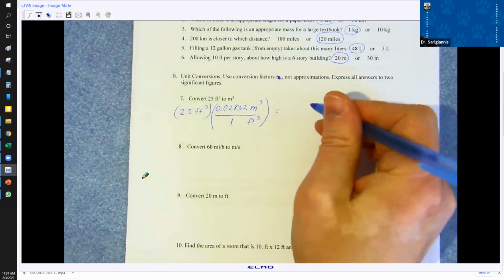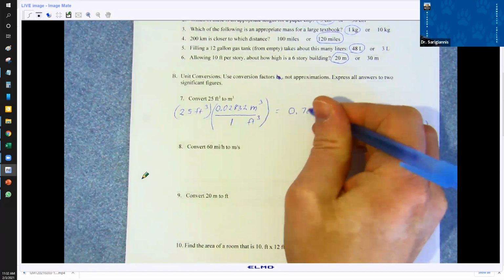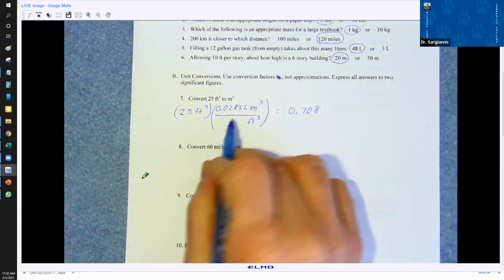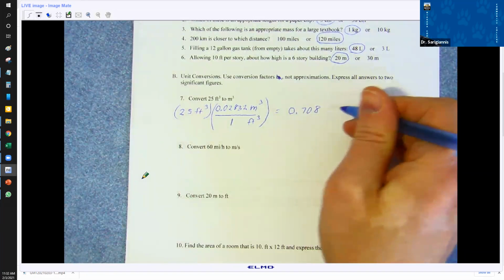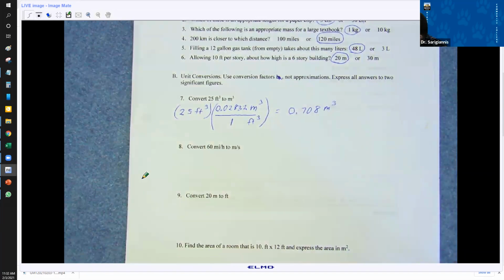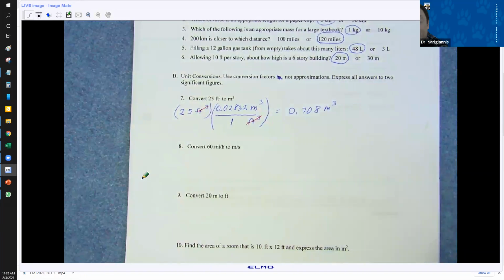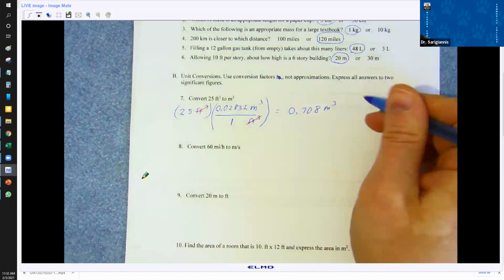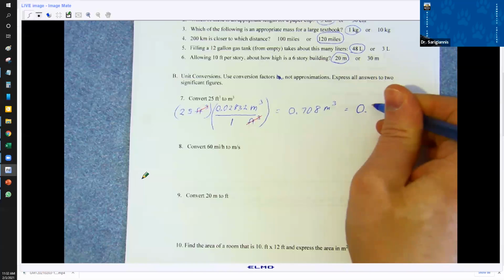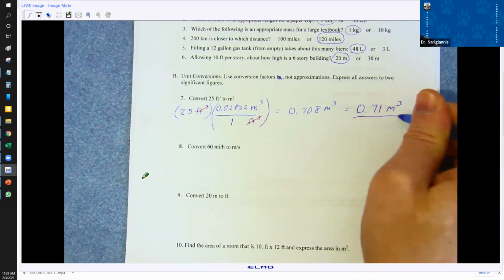If we do the calculation here, we wind up with 0.708. I'm not going to carry this out any further, and we're going to round to two significant figures. What are our units? Our units are cubic meters, because the cubic feet cancel. So our final answer is 0.71 cubic meters.